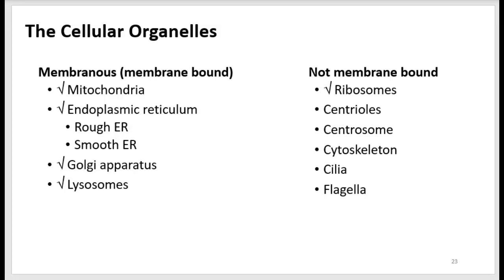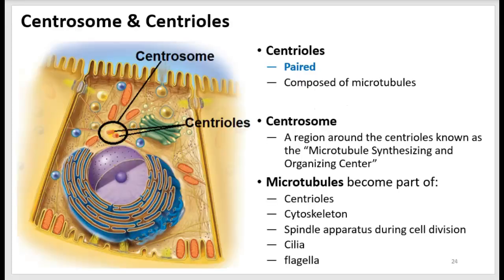Or you can continue. When you're ready, though, proceed with the rest of the presentation, which discusses the organelles that we have left that don't have membranes, including the centrosome and centrioles, the cytoskeleton, cilia, and flagella.